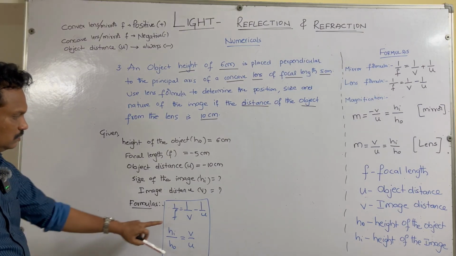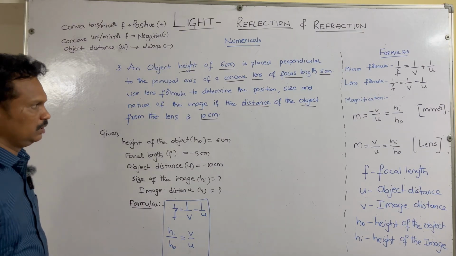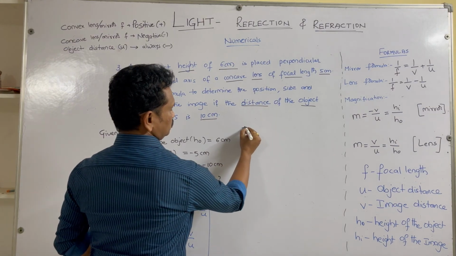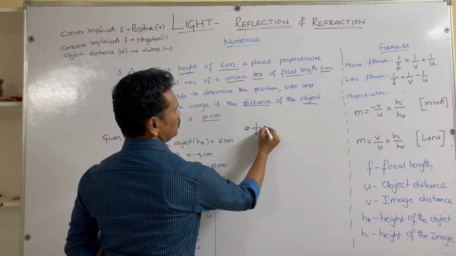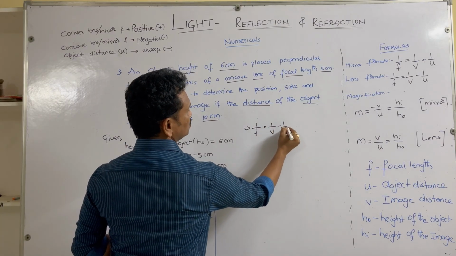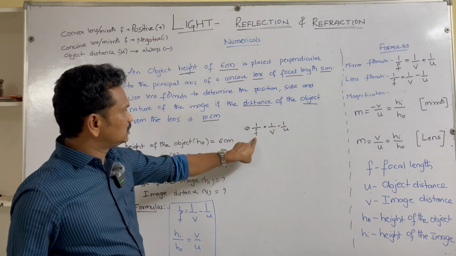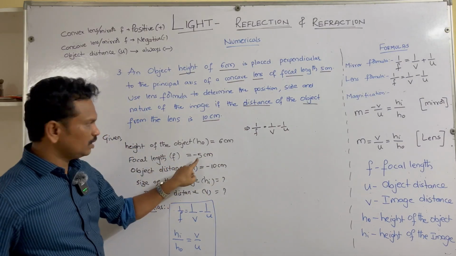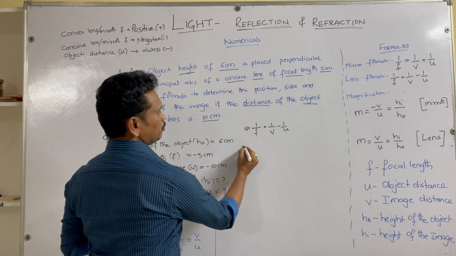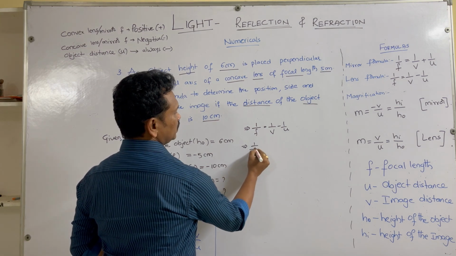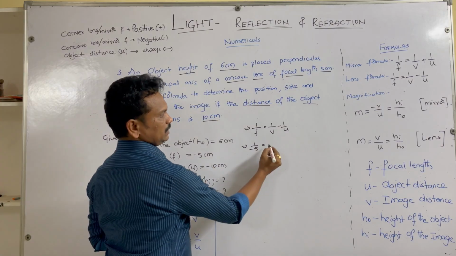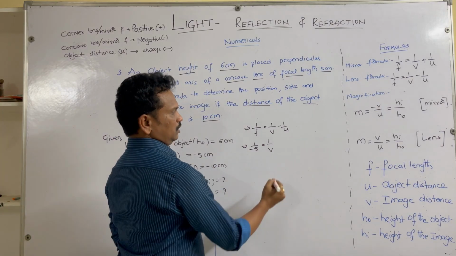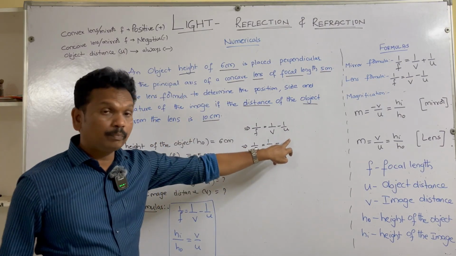Now first, from this, 1 by f equal to 1 by v minus 1 by u. What is the f value? Minus 5. That implies 1 by minus 5 equal to 1 by v minus 1 by u.